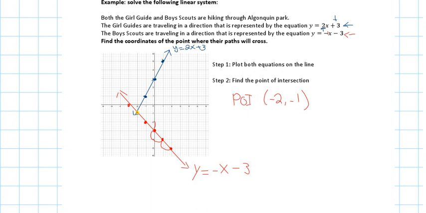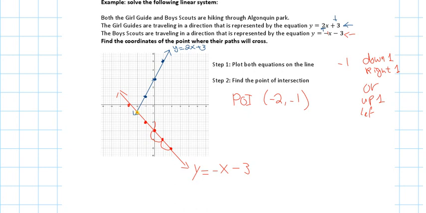Understanding which way to go for the slope is very important. Because my slope is -1, that means I go down 1 and then right 1, or I can go up 1 and to the left 1, because I have a negative.